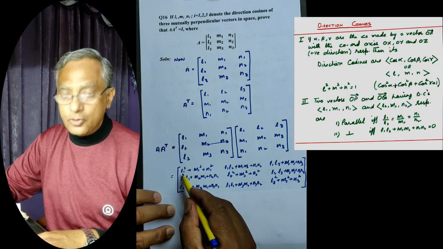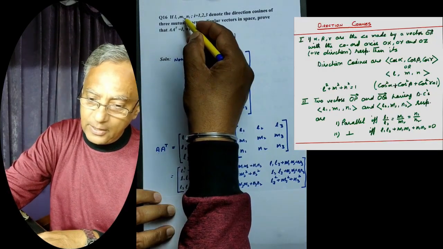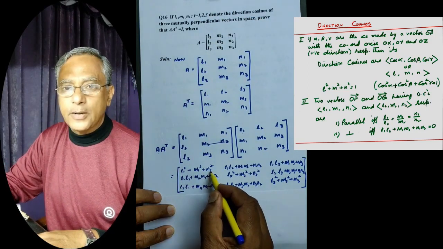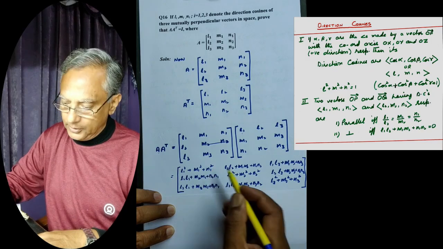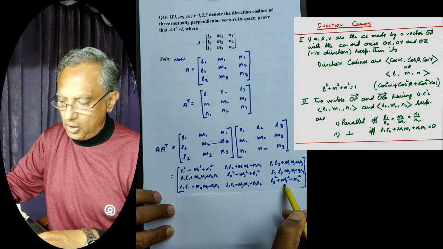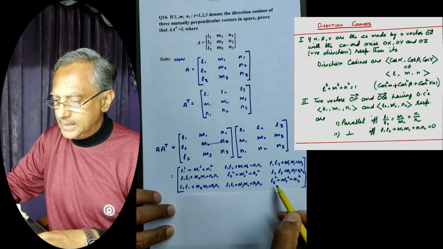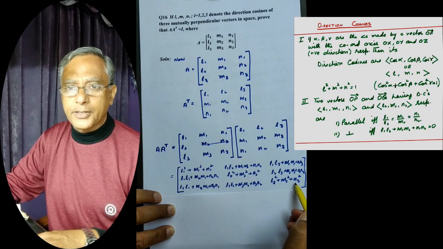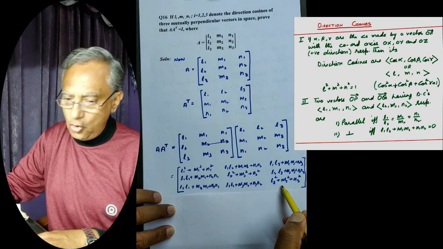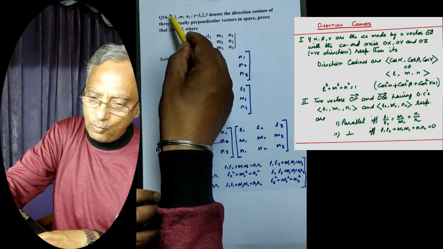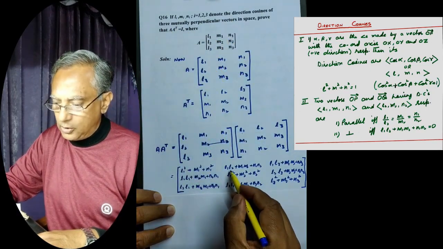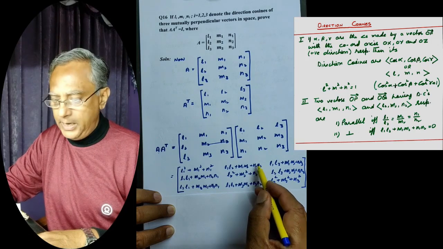Now in direction cosines, since L1, M1, N1 are direction cosines of a vector, L1 square plus M1 square plus N1 square must be equal to 1. This must again be 1, and this must also be 1, because L2, M2, N2 and L3, M3, N3 are also direction cosines. Also, since these three vectors are mutually perpendicular, L1 L2 plus M1 M2 plus N1 N2 must be 0.